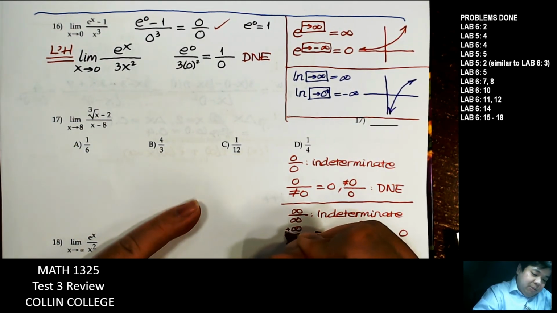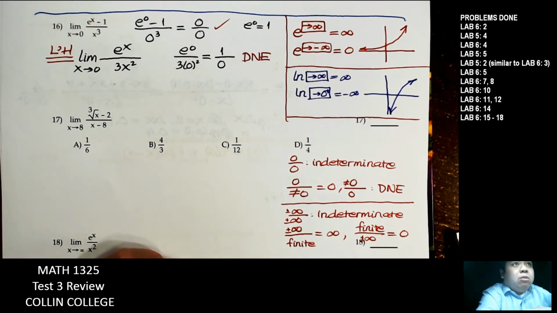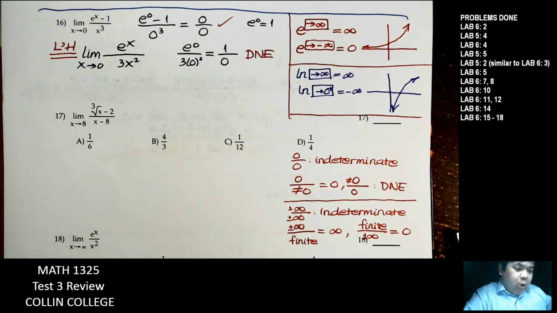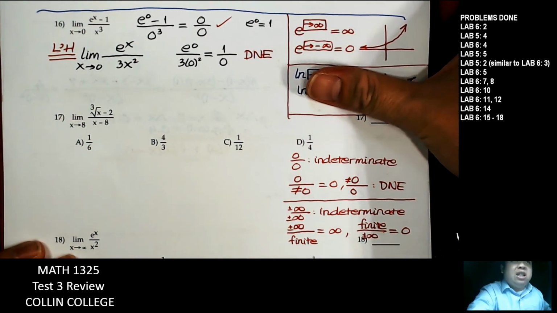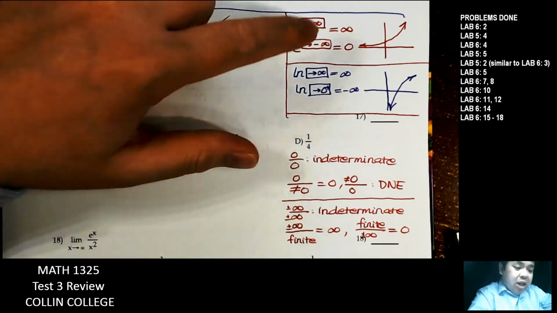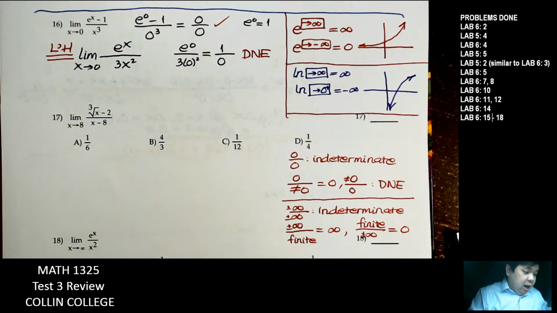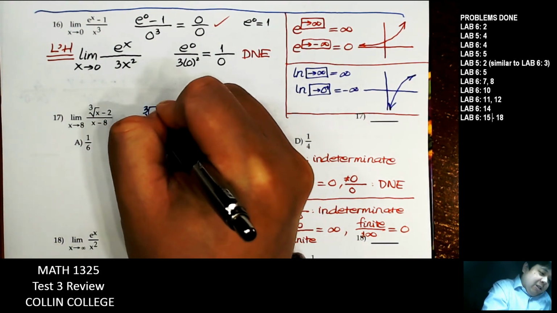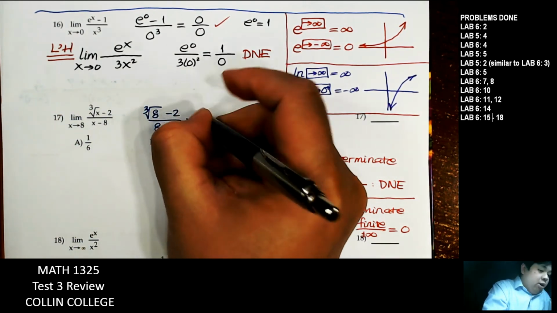Infinity over infinity is indeterminate. By infinity I mean plus or minus. Infinity divided by something that is not infinity, I'll just say finite, is still infinity. And finite divided by infinity is going to be 0. This equals plus or minus infinity.